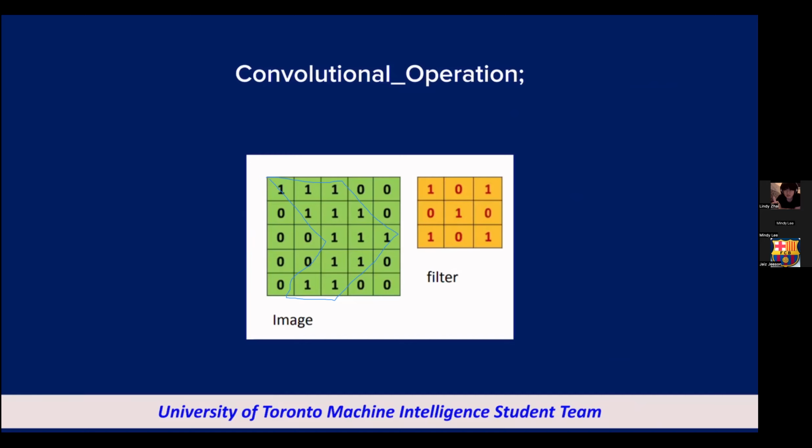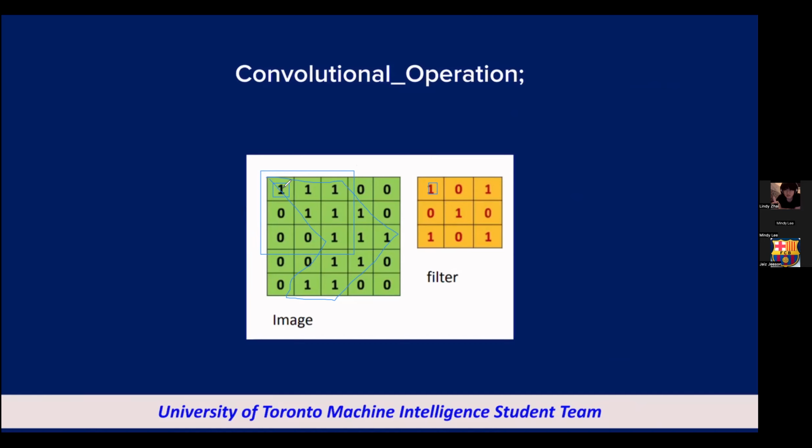Yes, we can do this. Something like this. For each entry in the filter, for example the one here, we're multiplying element-wise with the original image. By doing that, we can summarize the information of the image by the specific filter.